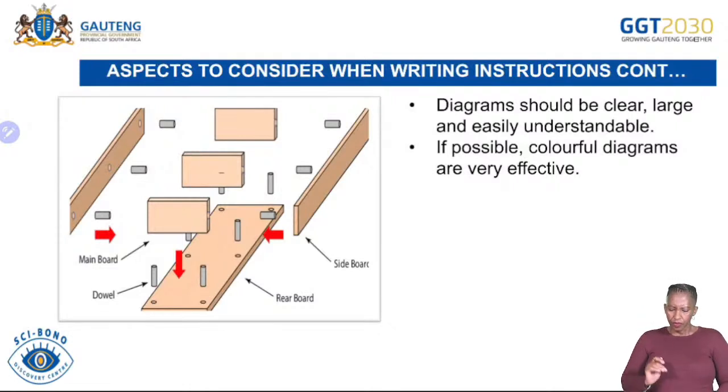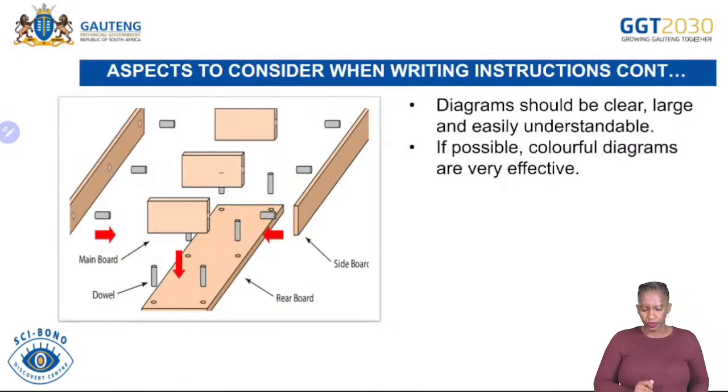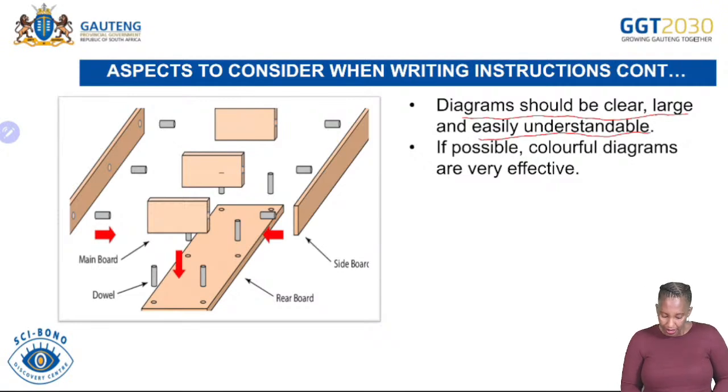Now, when you continue with aspects to consider when writing instructions, diagrams should be clear, large, and easily understandable. When you look at this diagram, it is clear enough, because I can see the sideboard must be placed here. It must come on this side. And then the rear board, there it is. And this is our main board.